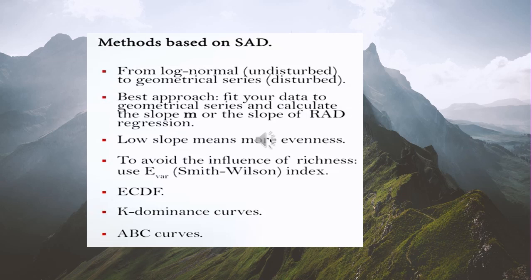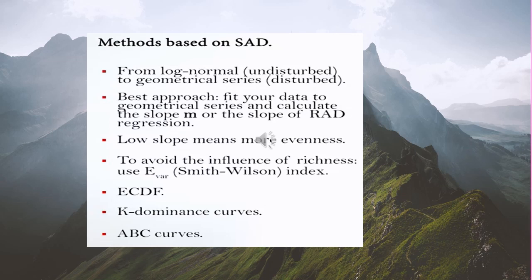Log normal is the best, because it means that the community is healthy and undisturbed. Geometric series is what we have when there are a few big dominant species, and it is indicative of disturbance.